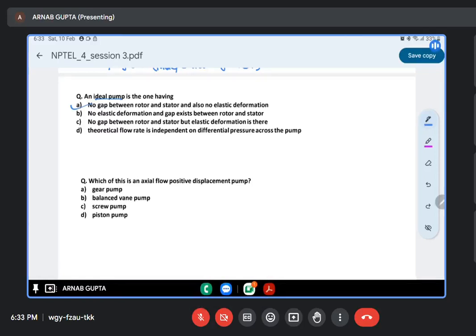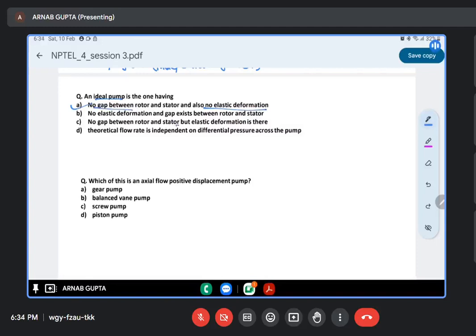And if there is elastic deformation, you can understand that the differential pressure can cause some sort of bending of the component of the pump. So that is not desirable. That is not a property of an ideal pump. So no elastic deformation and gap exists between the stator and rotor, this is not correct, because the first one is no elastic deformation and no gap. Again, this is not correct.